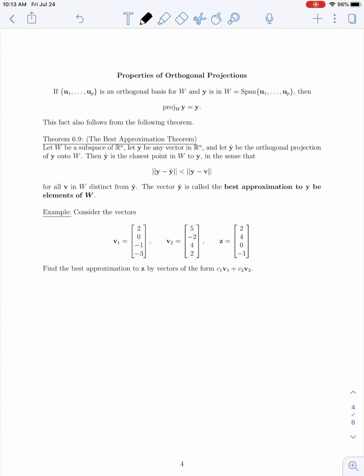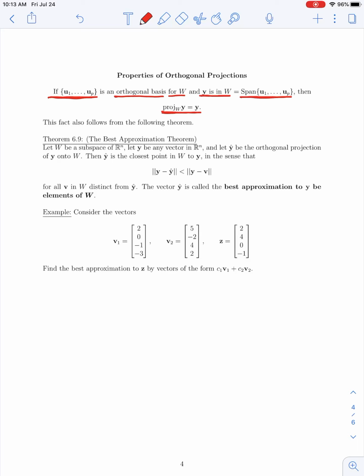Now, in the next part of this section, we'll talk about some properties of orthogonal projections. So let's start by saying the following. If we have a basis of vectors u1 through up, which is an orthogonal basis for a subspace W, and y is in W, which would be the span of this set of vectors, then the orthogonal projection of y onto W would just be y itself.